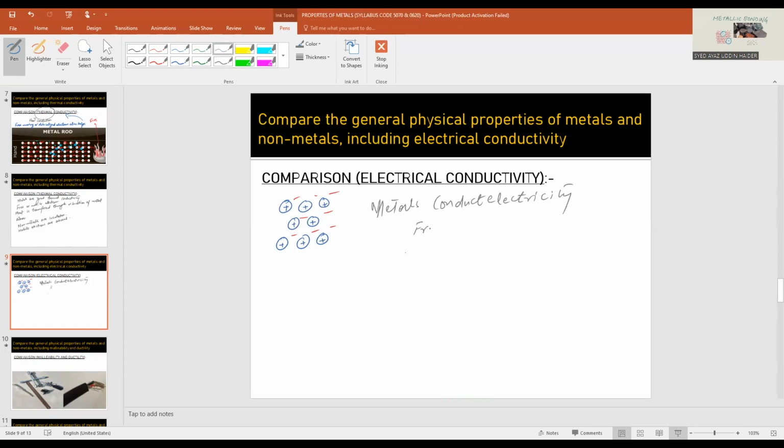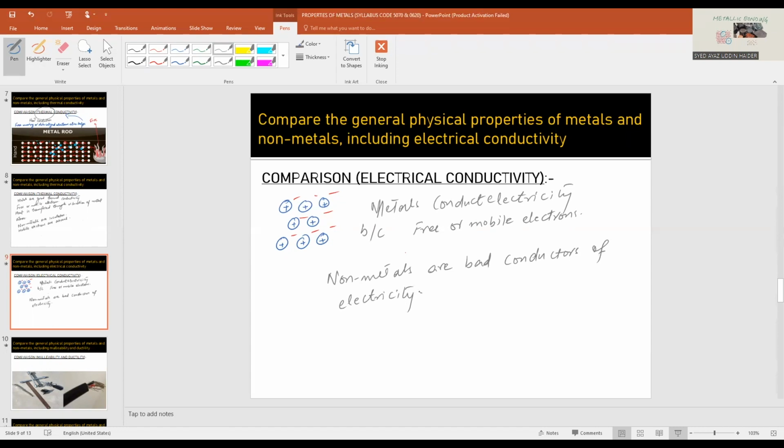The free or mobile electrons. Non-metals are insulators or bad conductors of electricity.